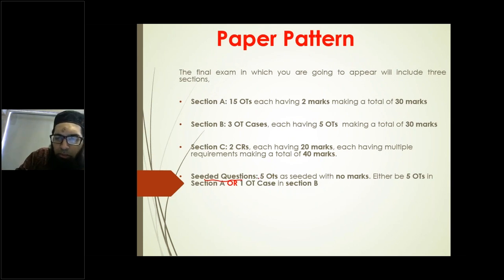So you have to remember that there will be 5 additional objective tests in your exam.